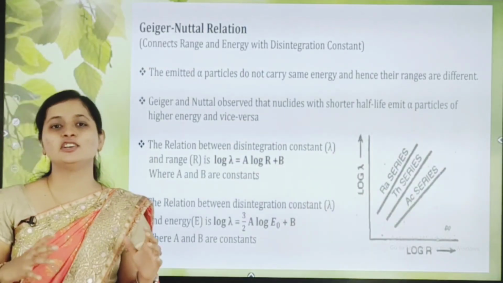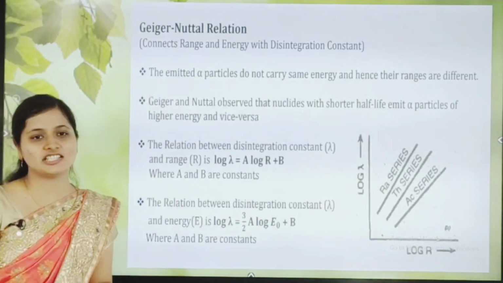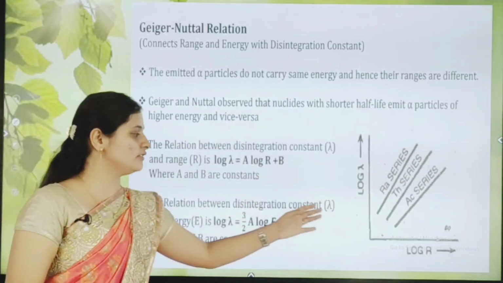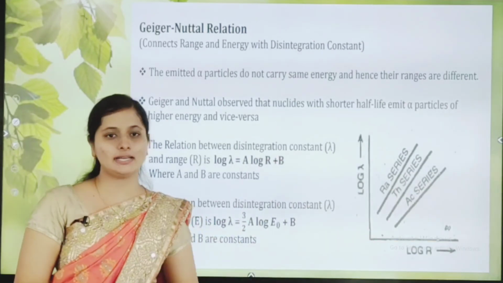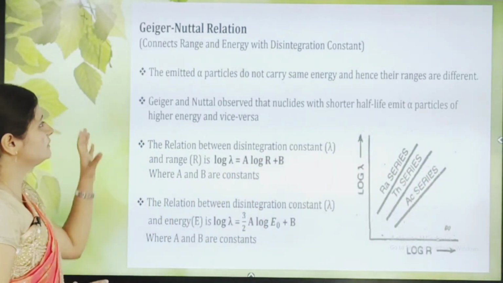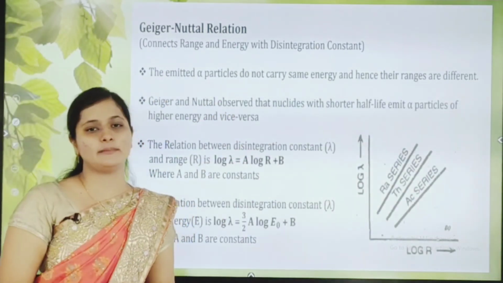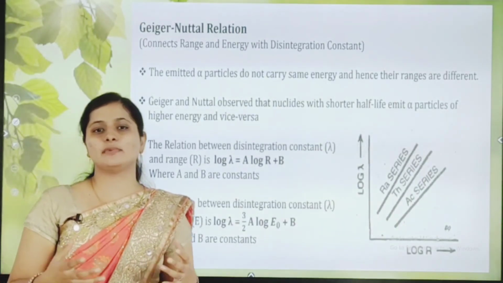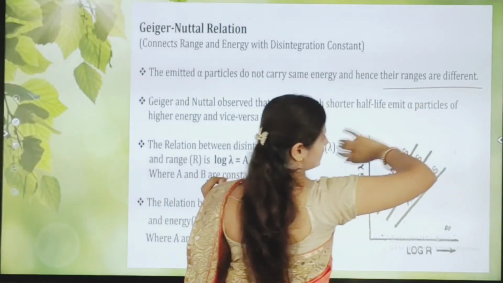Geiger-Nuttall relation. The Geiger-Nuttall relation connects the range and energy with the disintegration constant. Here they gave a graphical representation, log lambda versus log r, for a series of radiations. In the first point, the emitted alpha particles do not carry the same energy, hence we can conclude their ranges are different.